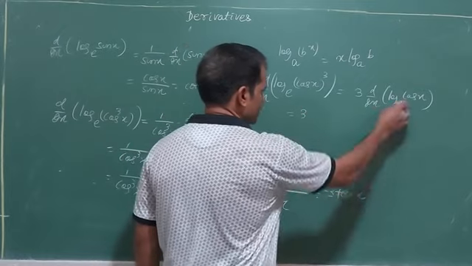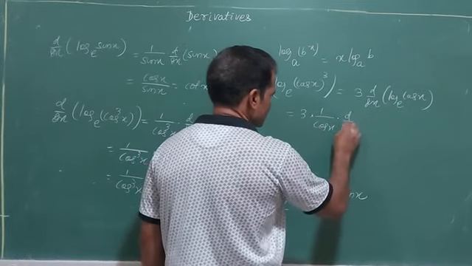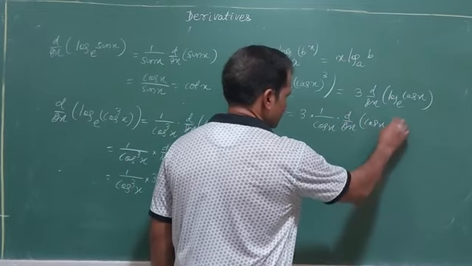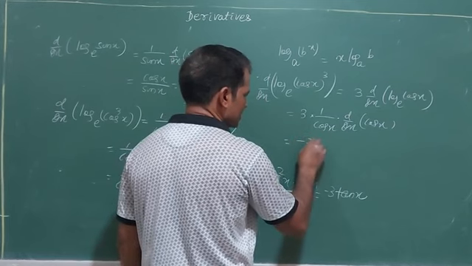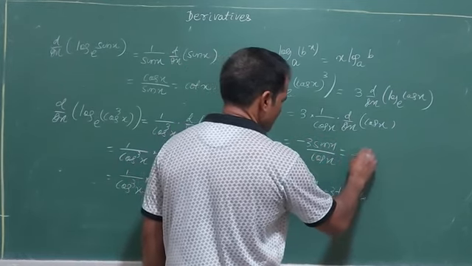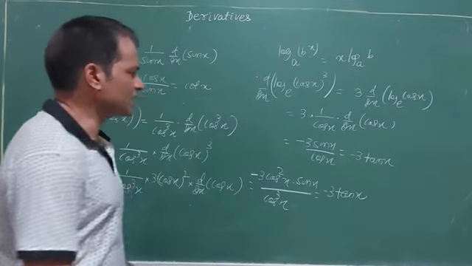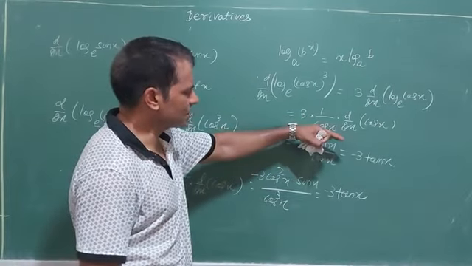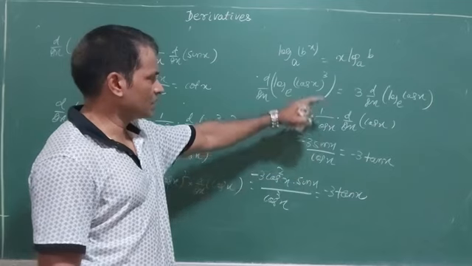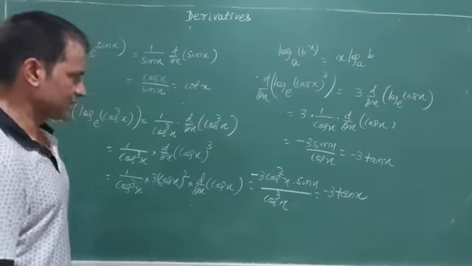Log e x derivative is 1 by x, 1 by cos x into dy dx of cos x, that is minus sin x, minus 3 sin x by cos x. So you see, we are getting the answers by both methods. Now it is up to you. Once you practice, we can reach the answer in one step smaller, within 3 steps instead of 4. Next.